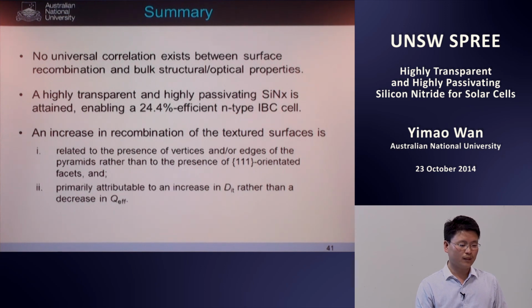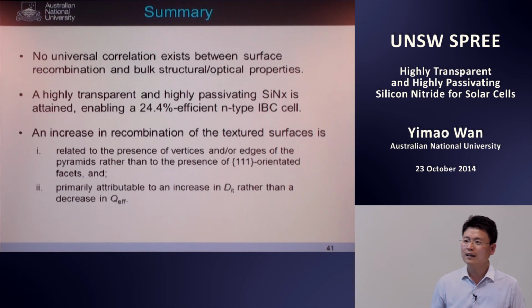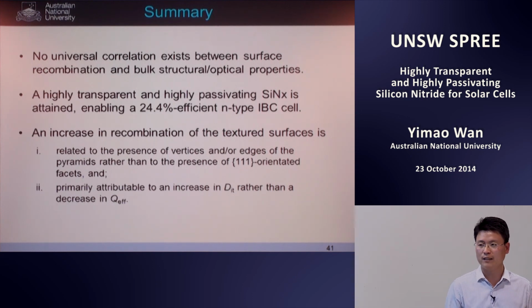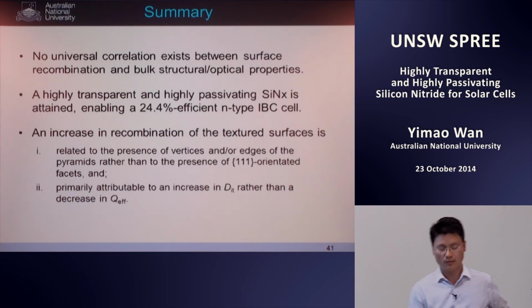And the fact is, it's really a bit hard to replicate this highly transparent and highly passivating nitride on other PECVD reactors, because of different plasma chemistry or different chamber geometry.